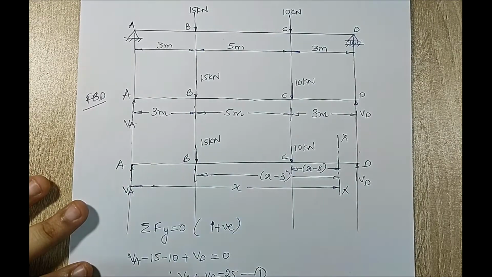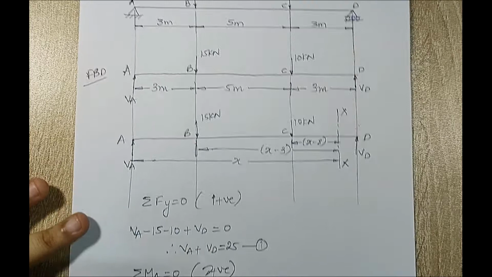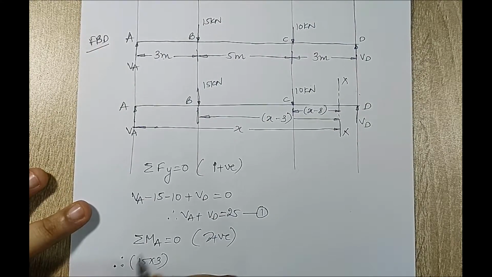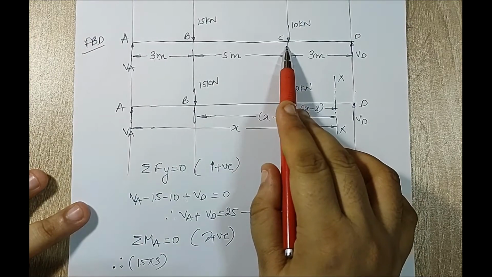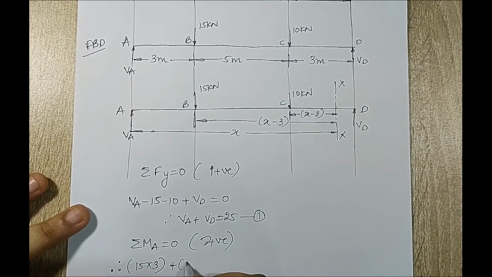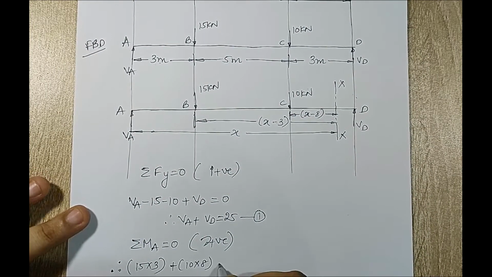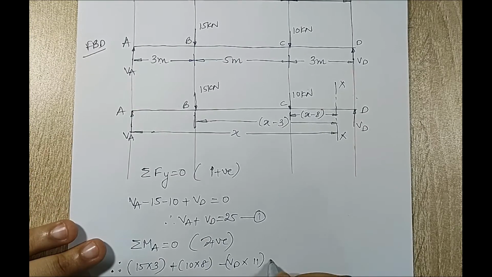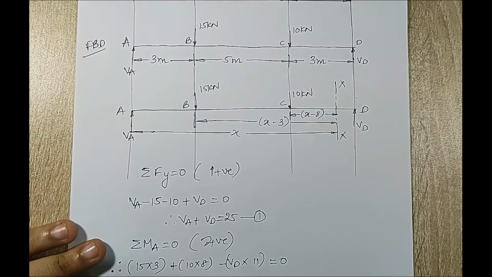The 15 will turn at a distance of 3, so I have 15 into 3 clockwise. I have 10 into 8 clockwise. And I have minus VD into 11 anti-clockwise is equal to 0.